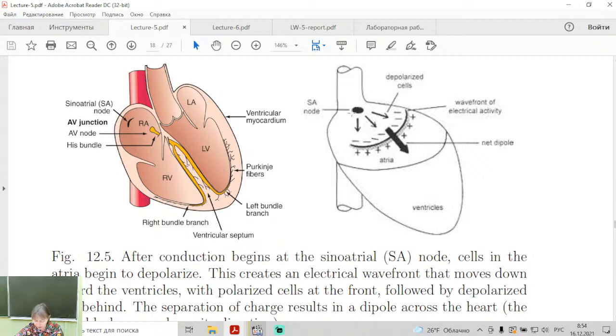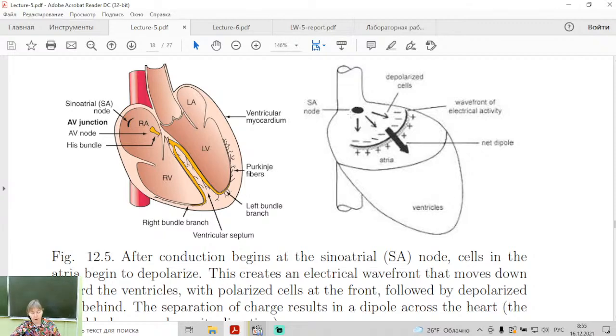Therefore, this pacemaker action potential is sometimes referred to as a slow response action potential. Sinoatrial node action potentials are divided into three phases. Phase 4 is a spontaneous depolarization that triggers the action potential once the membrane potential reaches threshold, between minus 40 and minus 30 millivolts.